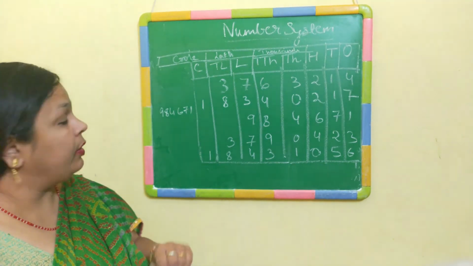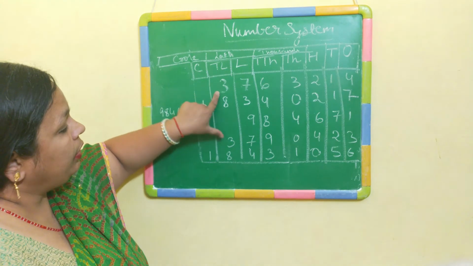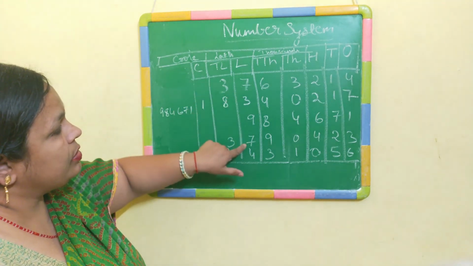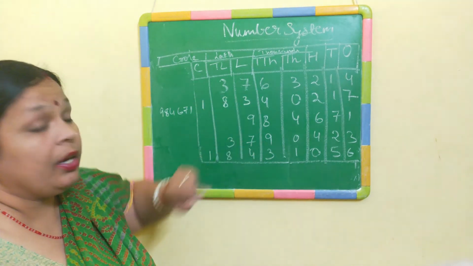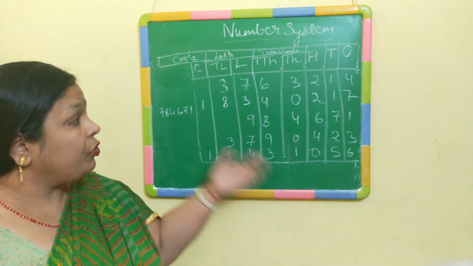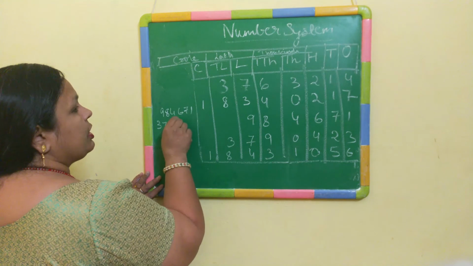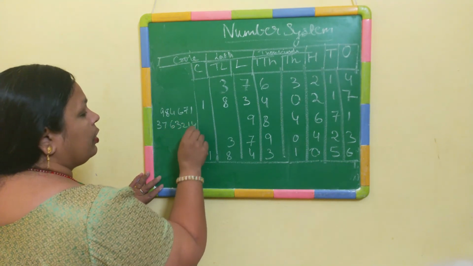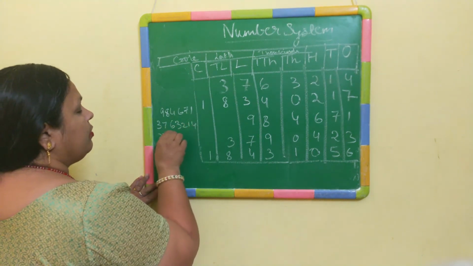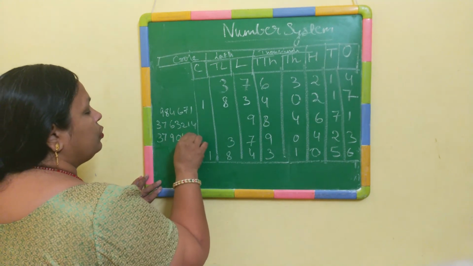Now we will compare them. 3, 3, 7, 7, 6 and 9. So which number comes next? It will obviously be 3763214. Next is 3790423.